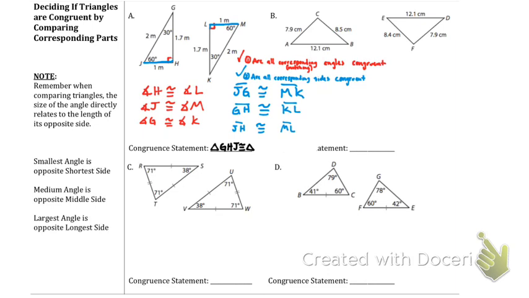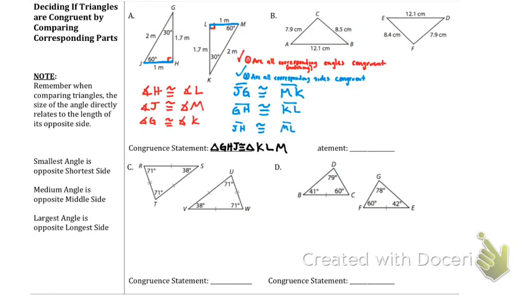We have to match up letter for letter. For example, G matches with who over here? G matches with K based on our statement here, so K has to come first. And then H matches with L, and J matches with M. So J was corresponding with M. And this would be your congruent statement.